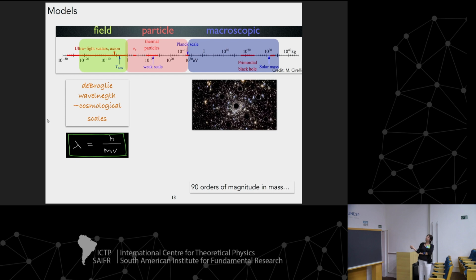And then there are also possibilities that are heavily constrained, but probably not fully excluded, that macroscopic objects could be dark matter. People typically talk here in terms of primordial black holes, because as we said before, it shouldn't be baryons. We have constrained the amount of baryons from the CMB and from Big Bang nucleosynthesis. But you could have primordial black holes.